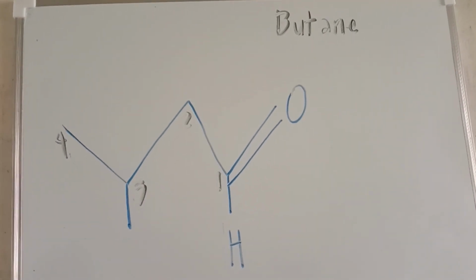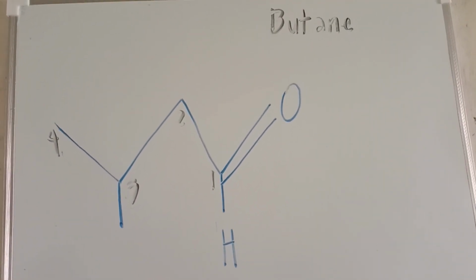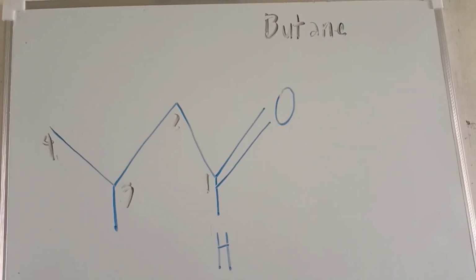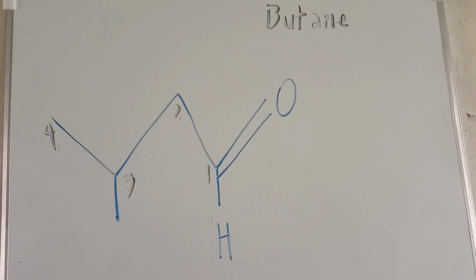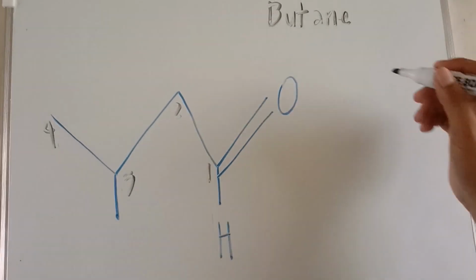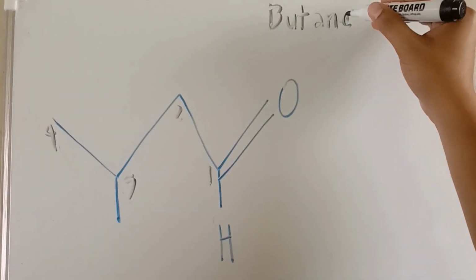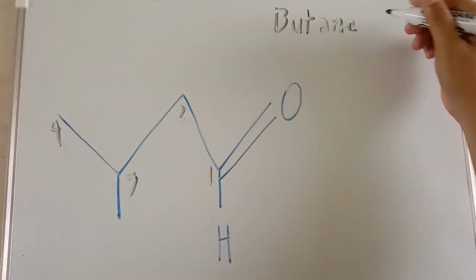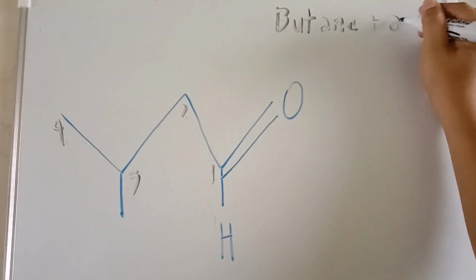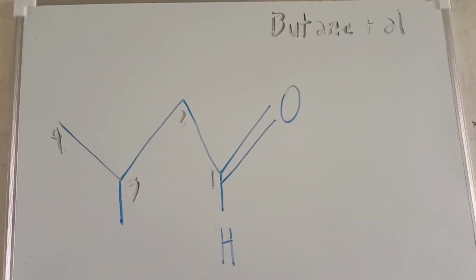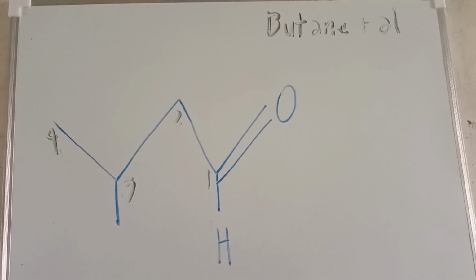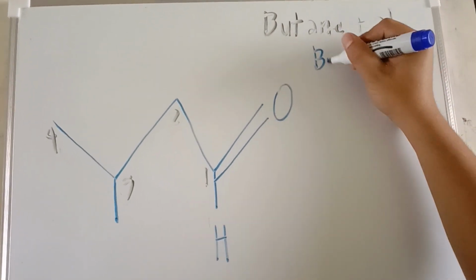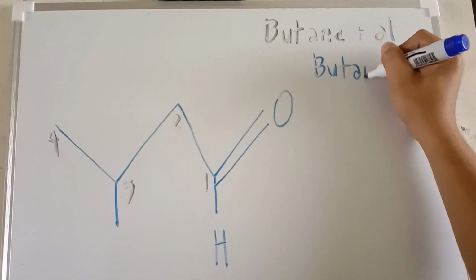Rule number 2: name the parent chain by changing the E ending of the corresponding alkane name to AL. So in identifying aldehydes, we are going to cancel this E here and add AL. So the word butane became butanal.